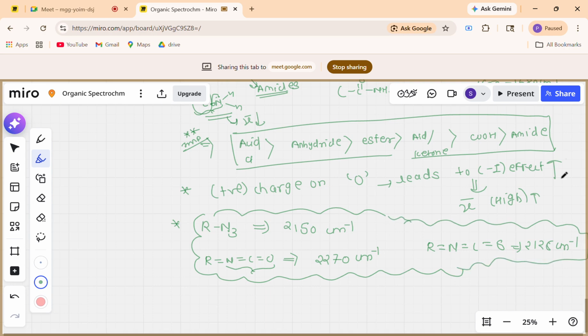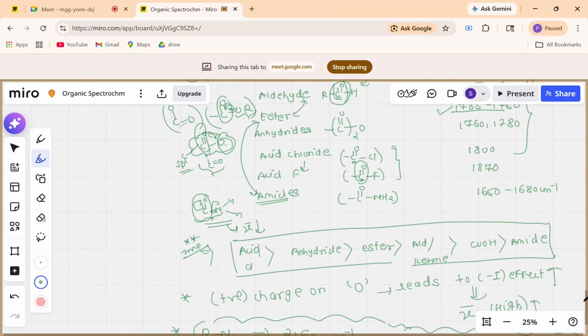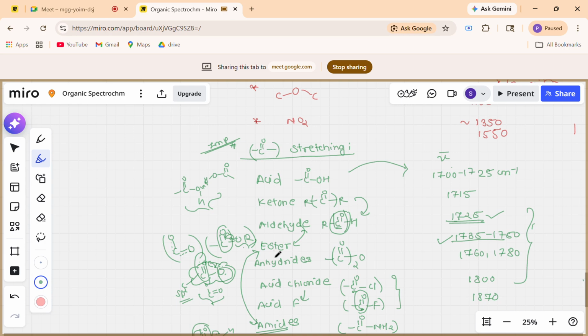If we replace oxygen with sulfur, the value will come in the region of 2125 centimeter inverse. So only one or two questions in PYQ are related to these values. So it's not mandatory, but if you are able to, after revision of all chapters, just remember these values. Okay, so in the nitrile group, the value will be around 2150. In case of isocyanate groups, the value will be in the region of 2270. And in case of the isothiocyanate group, the value will come in the region of 2125 centimeter inverse.